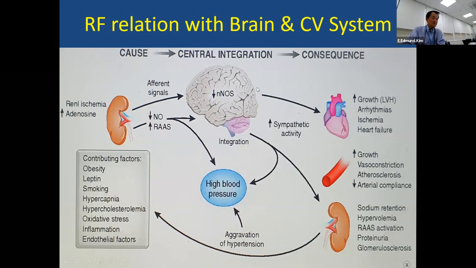Sodium and nitric oxide are important for maintaining blood flow.